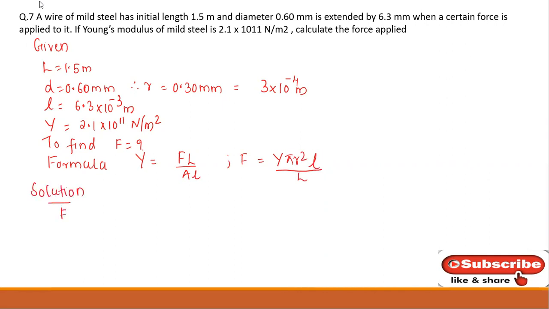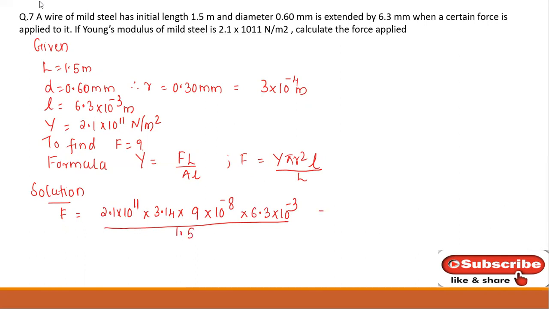F is equal to Y is 2.1 into 10 raised to 11 into 3.14 into r square. R is 3 into 10 raised to minus 4. 3 square is 9, 10 raised to minus 4 the whole square is 10 raised to minus 8, into L is 6.3 into 10 raised to minus 3, upon capital L is 1.5.